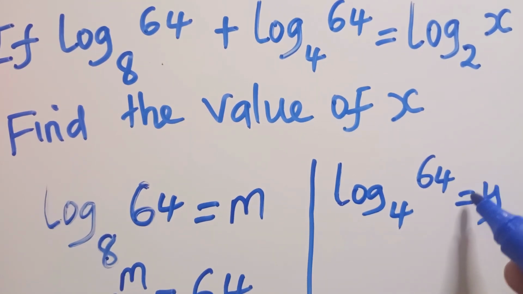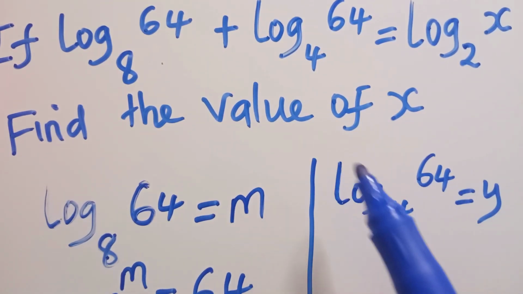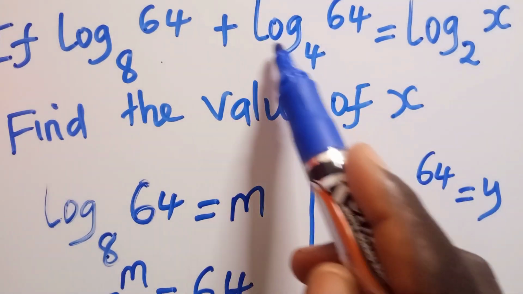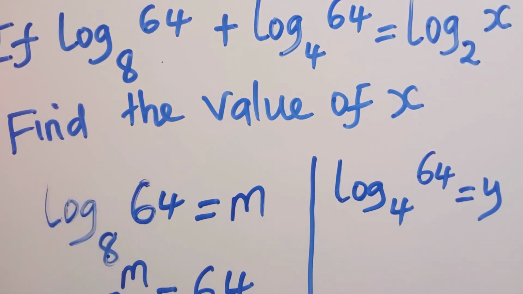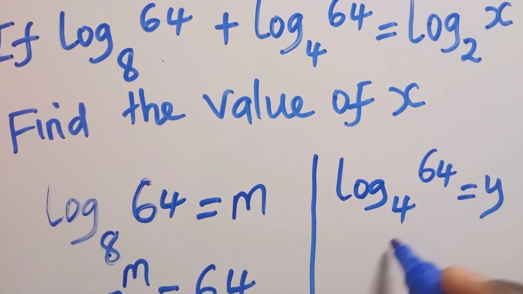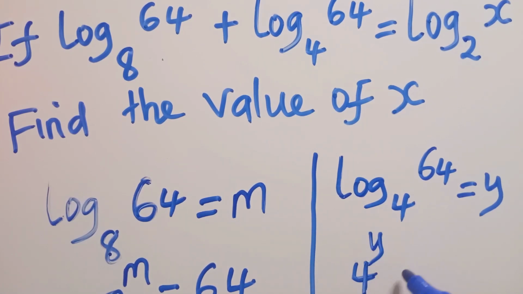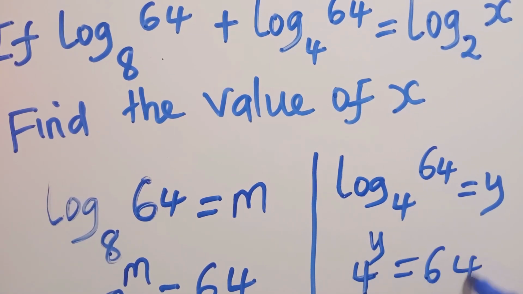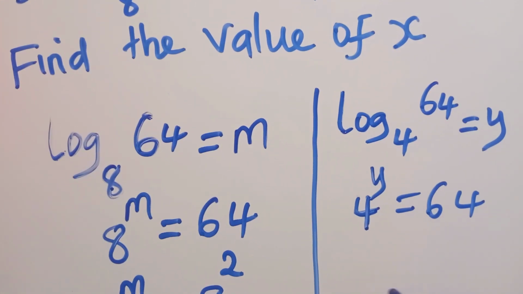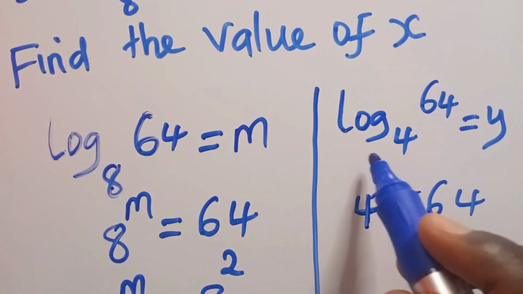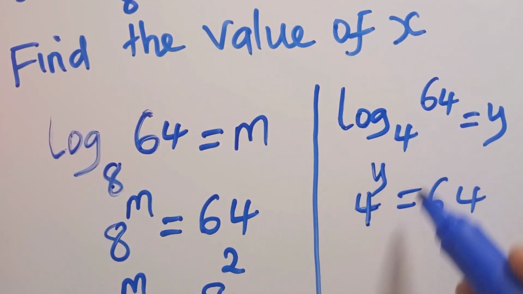Now we proceed to find the value of y, then we replace it. We have 4 raised to y equals 64. That is, we have written this in index notation.